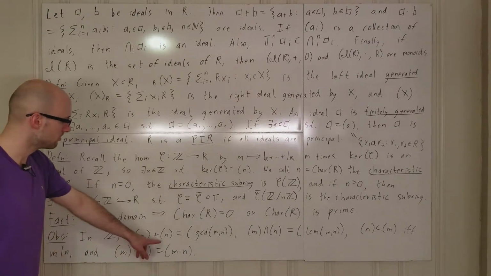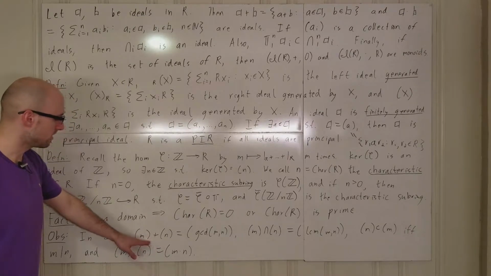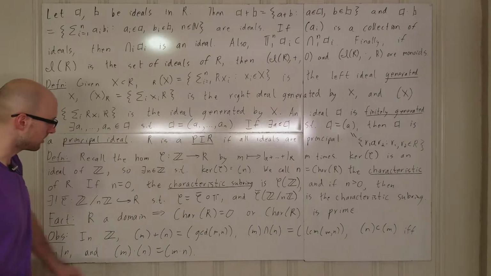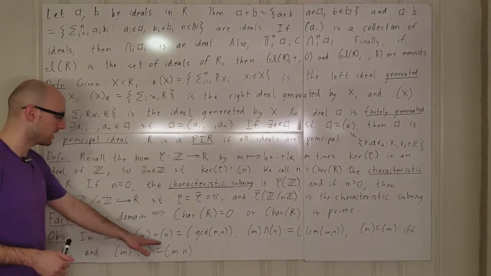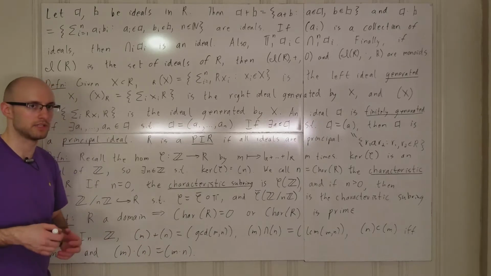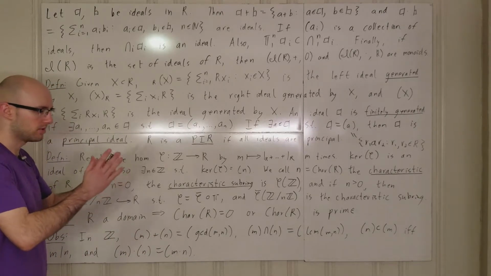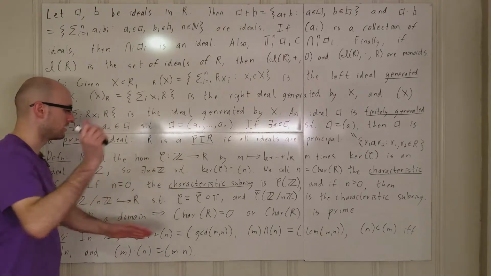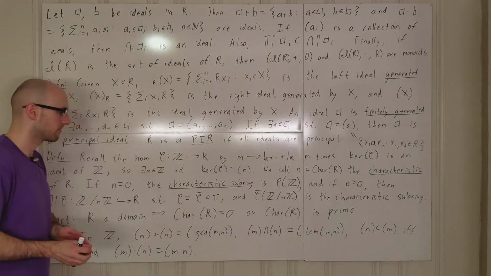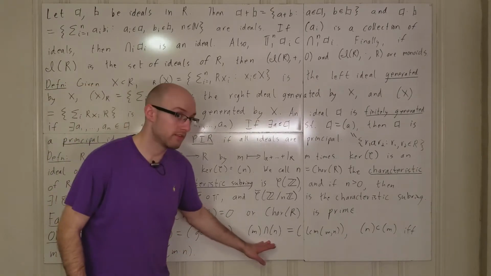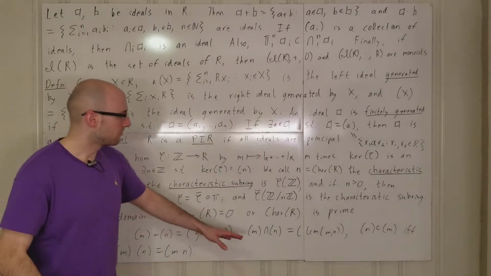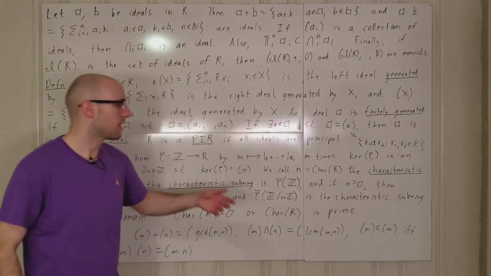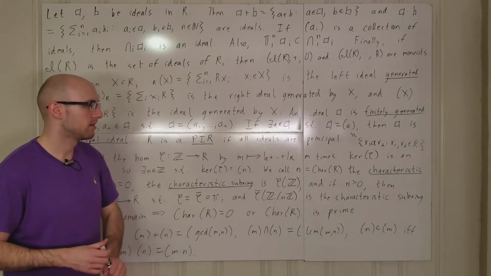Because these are ideals in the integers, you can take integer combinations of these and arrive at the greatest common divisor, and then you can get the entire ideal generated by that. If you look at the intersection of two ideals, that will be generated by the least common multiple of m and n.